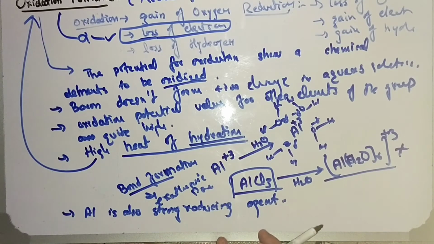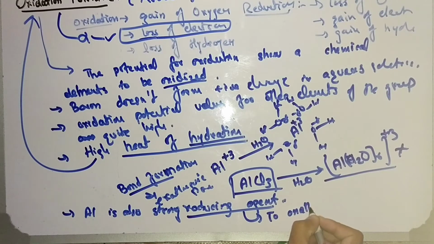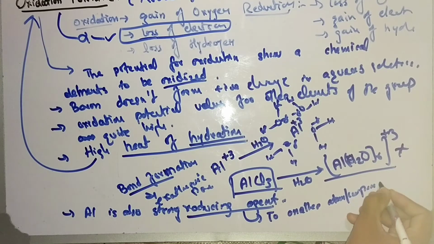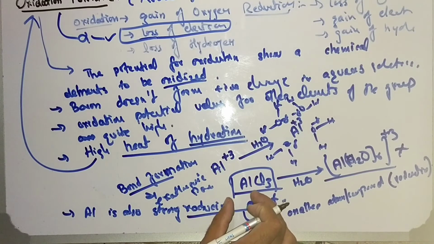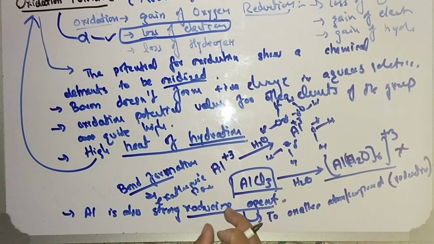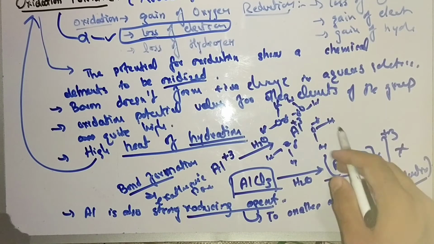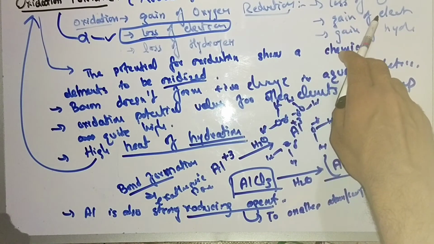It causes another atom or compound to undergo reduction. Due to one substance, one molecule or one atom, that is the reducing agent, another compound in the reaction will undergo the reduction process, and we know that reduction is the gain of electrons.